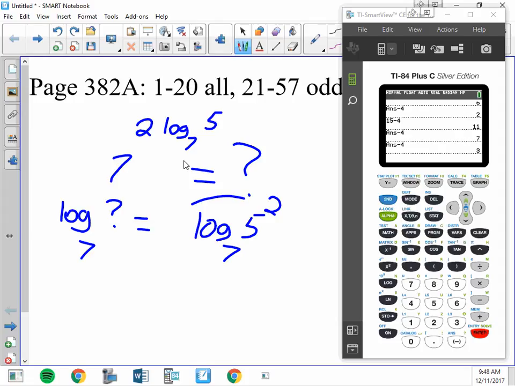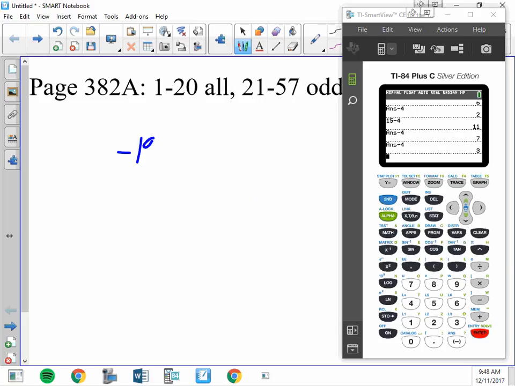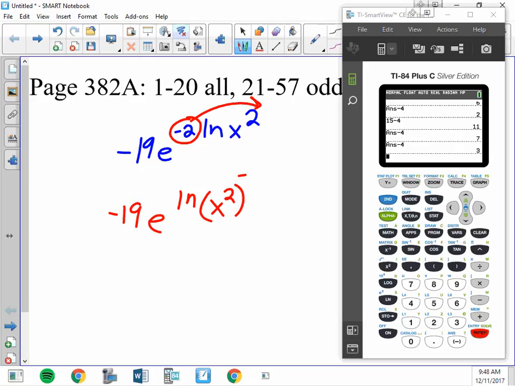And then number 20. Let me write that one out. Number 20 is negative 19e to the negative 2 ln of x squared. I need to take this negative 2 and make it an exponent. And I get negative 19e to the ln of x squared to the negative 2.